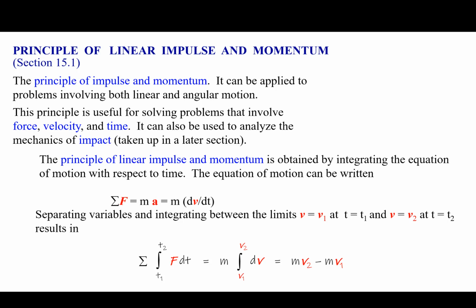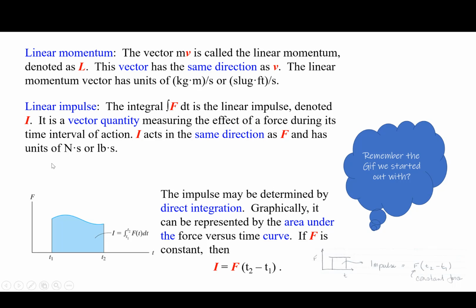When we look at that particular aspect, we can get our impulse, and remember that impulse was defined as the force times the change in time, and we can look at this change in momentum. That's very important. Linear momentum, which we write as mv, is a vector quantity, and we're going to use things like L to denote that.